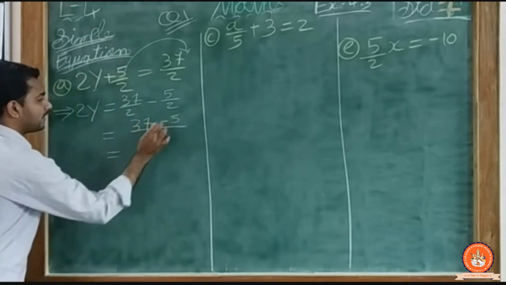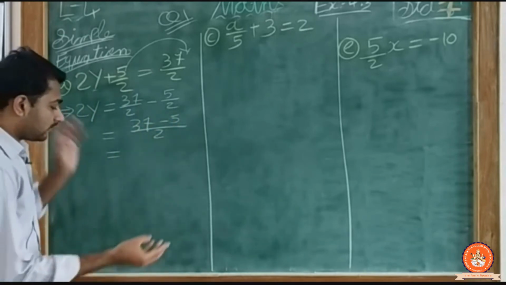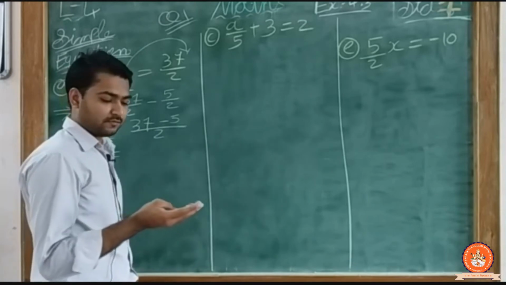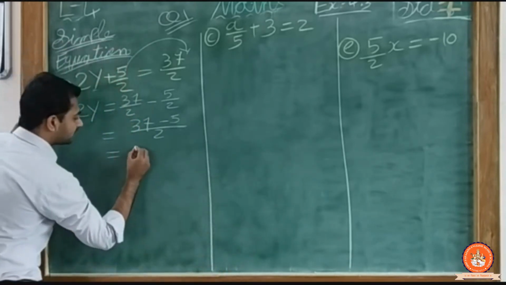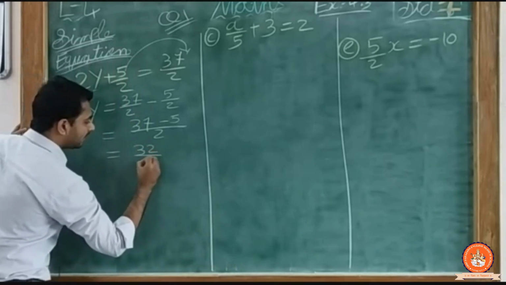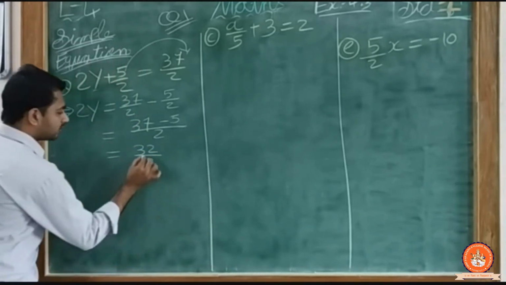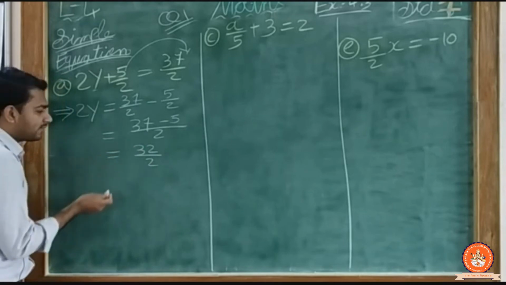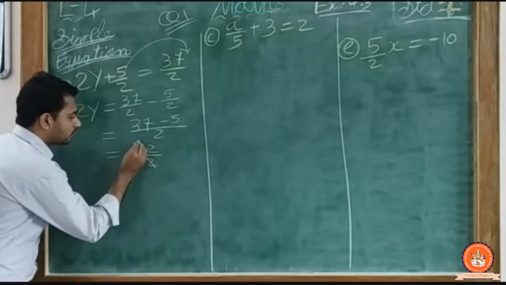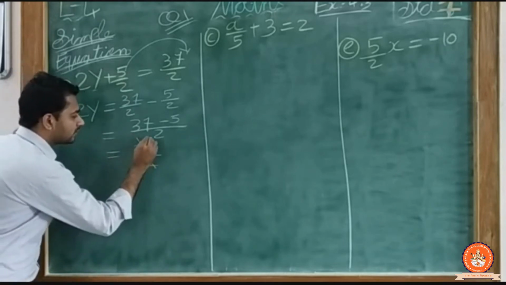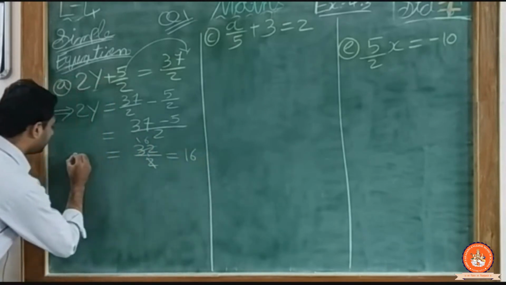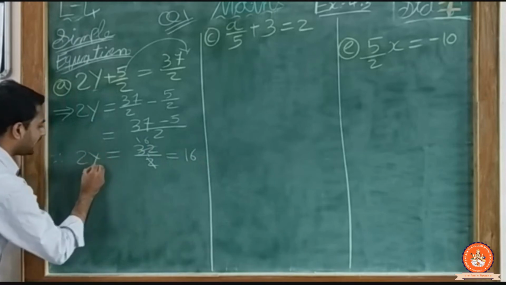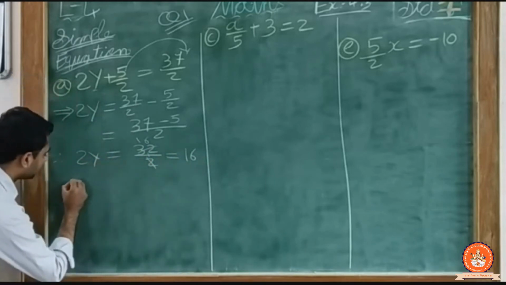So it is equal to 37 minus 5, that means 37, 36, 35, 34, 33, that means your answer is 32 by 2. Clear? So I have to divide this 32 by 2. That means 2 1s are 2 plus 1 3, 2 6s are 12. That means my answer is 16.